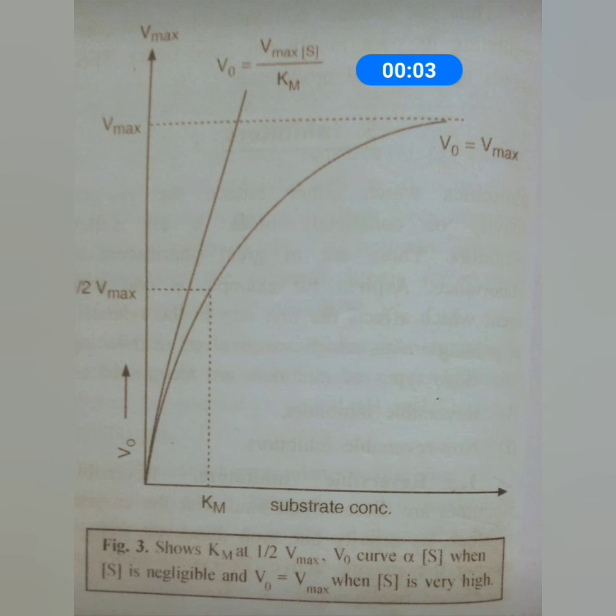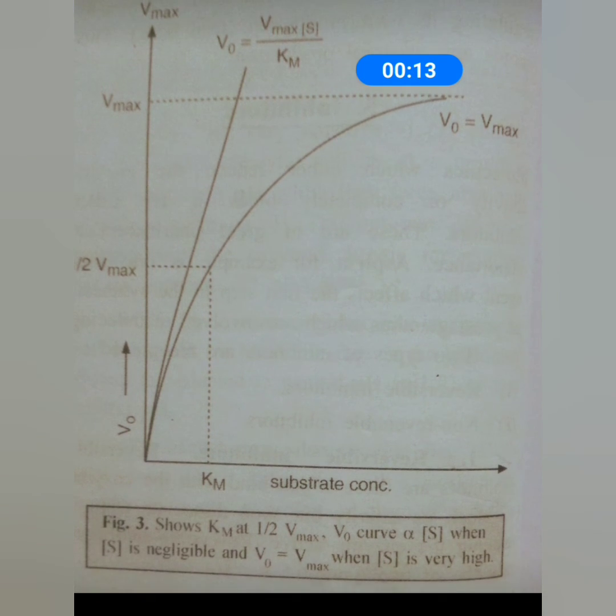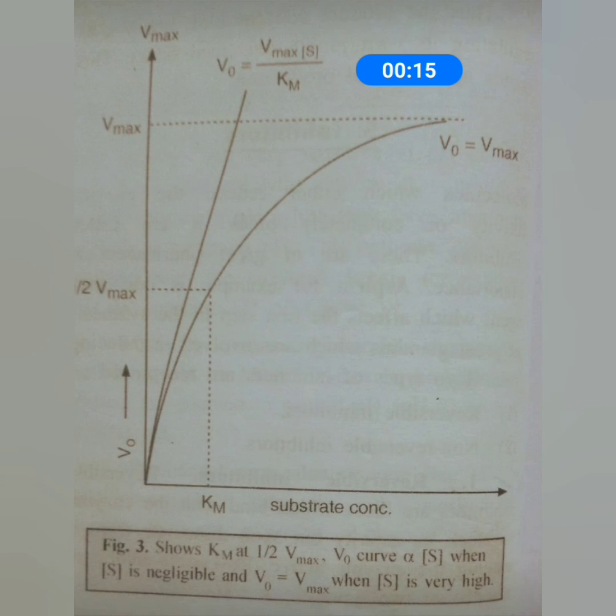From this graph, I hope you understand that when you initially add a small substrate concentration, the initial velocity will start to increase slowly. Slowly it will keep increasing, and finally it will reach a point where no enzyme substrate complex will form because all the enzymes have been occupied.